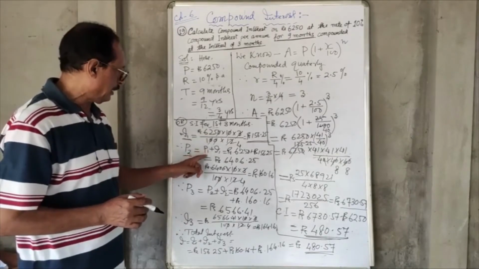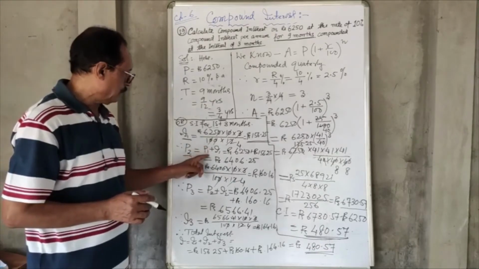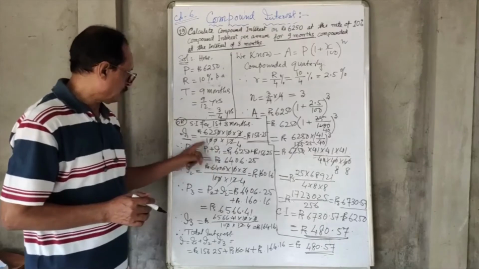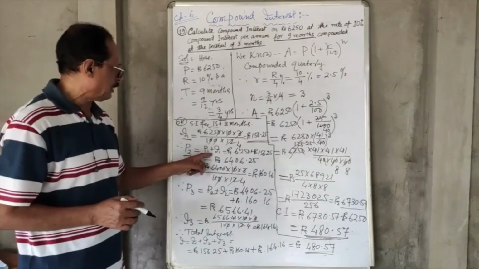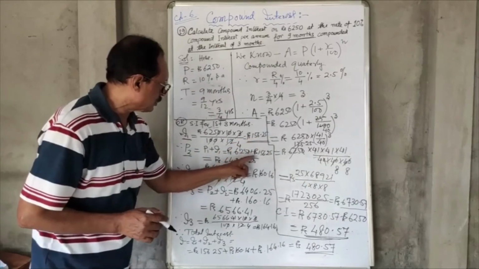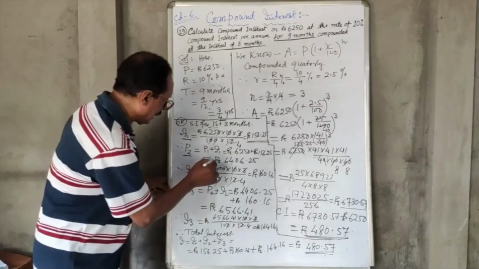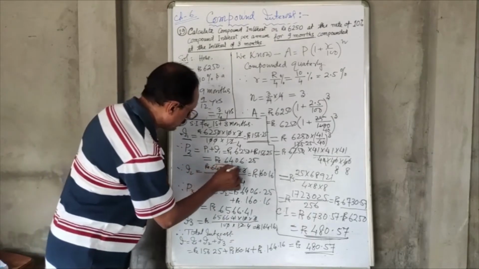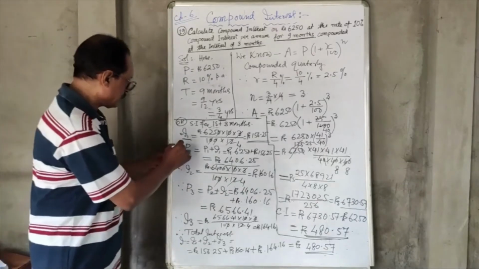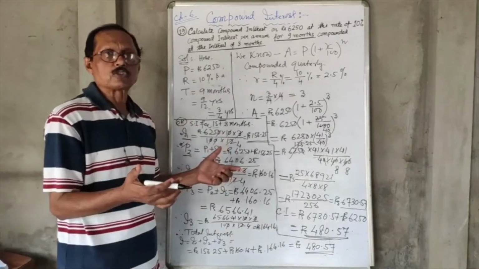So when we add the given principal P1, that is 6,250 rupees, and I1, the interest incurred in the first 3 months interval, that is 156.25 rupees, it is coming as rupees 6,406.25, and that will be the principal for the next interval of 3 months.